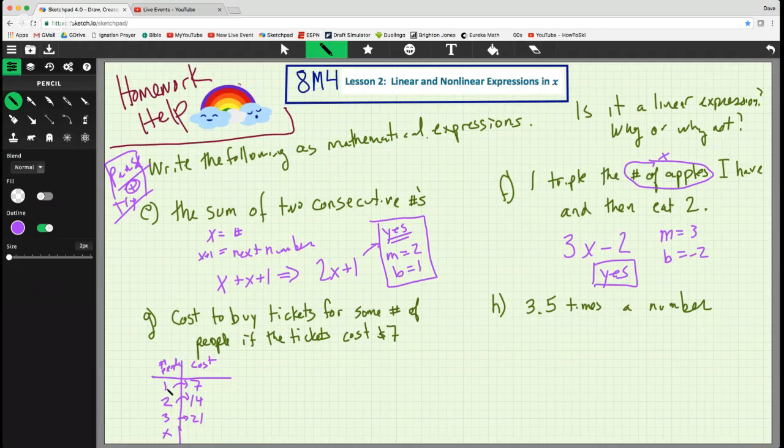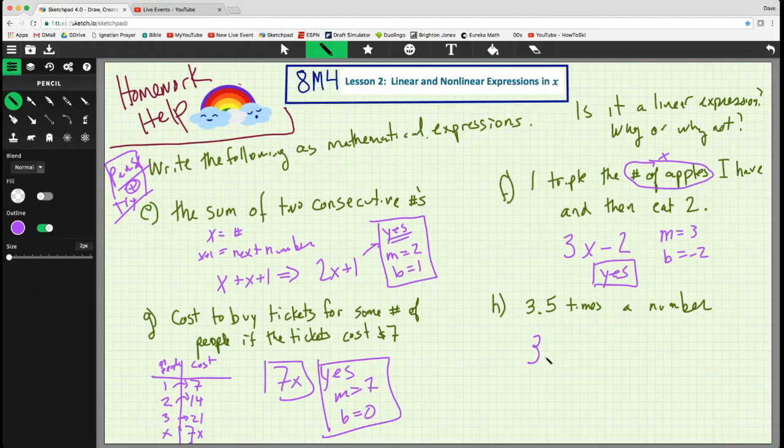I had to multiply by 7. 1 times 7 is 7. 2 times 7 is 14. So x times 7 is our cost if we have x number of people. So 7x. The answer is yes. M equals 7, B equals 0.